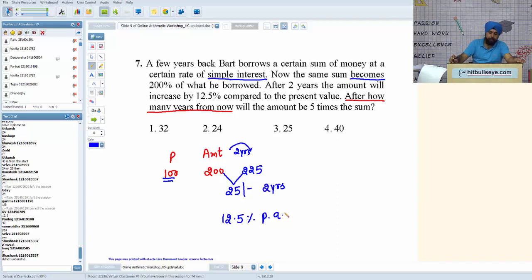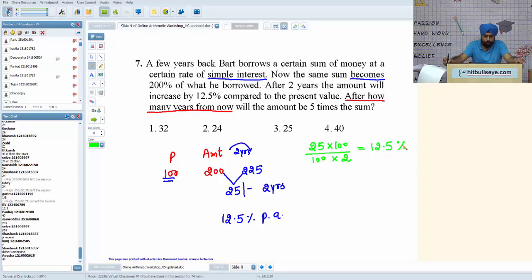All of you please listen again. You can see here he earns 25 rupees, your principal is 100. You can apply the formula if you're not getting it. It is interest into 100 divided by principal into time. So the rate happens to be 12.5%.